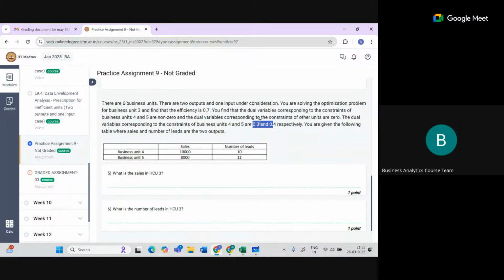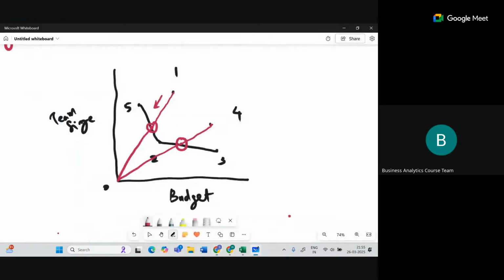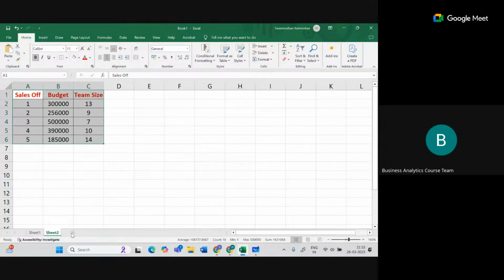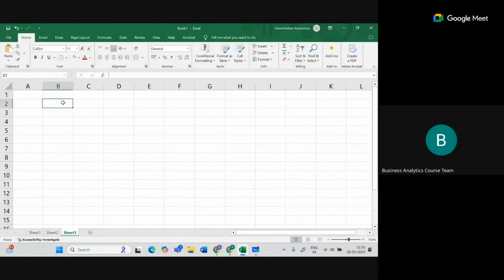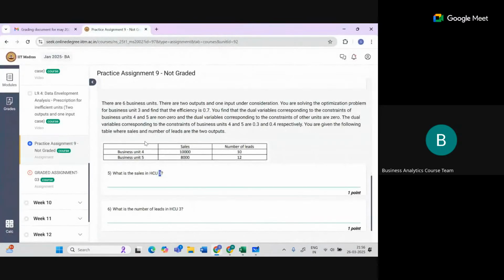Given this information, we want to know two things. We want to compute that HCU 3: what would be the sales, and what would be the number of leads? So how will you solve this? Let's go to Excel and solve this. Business unit 4 has 10,000 units and 8,000 units... sorry, 10,000 and 10 for sales and leads, and business unit 5 has 8,000 and 12.